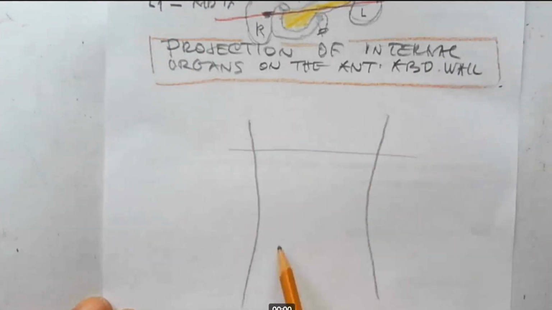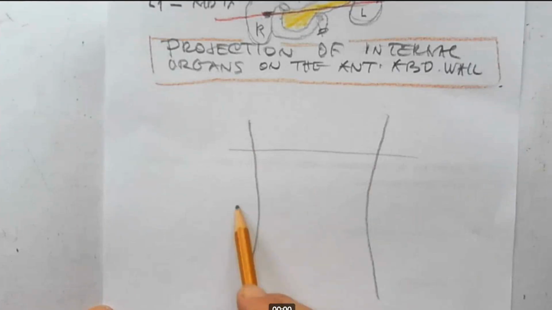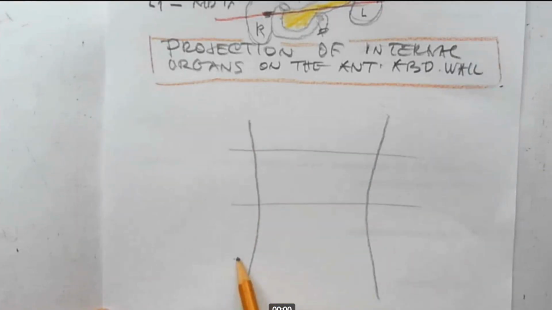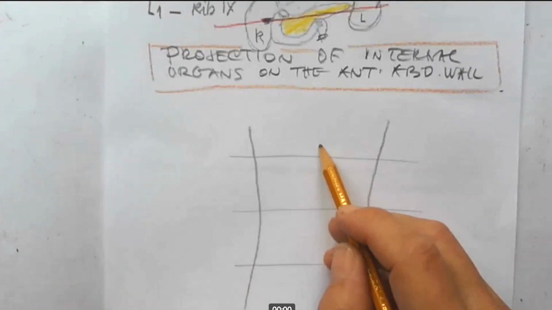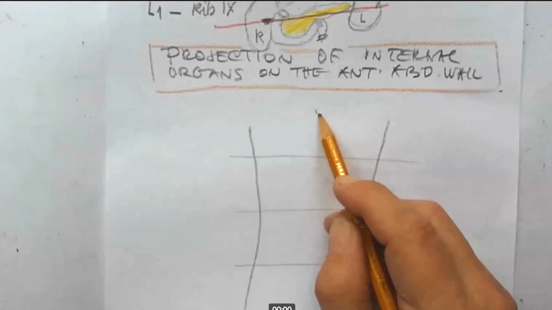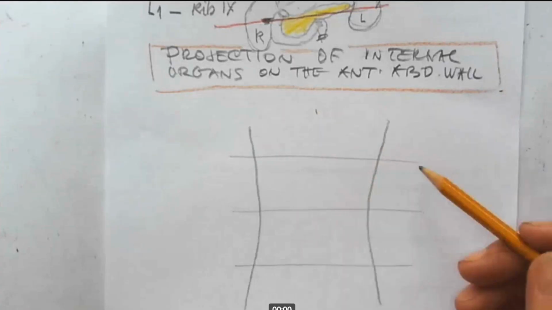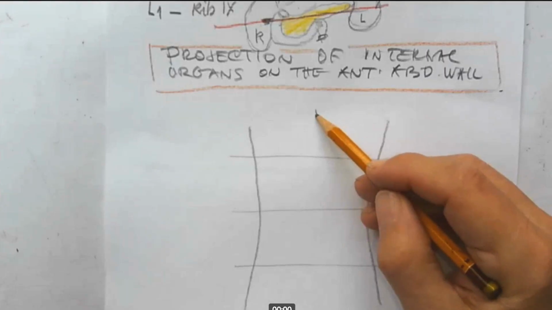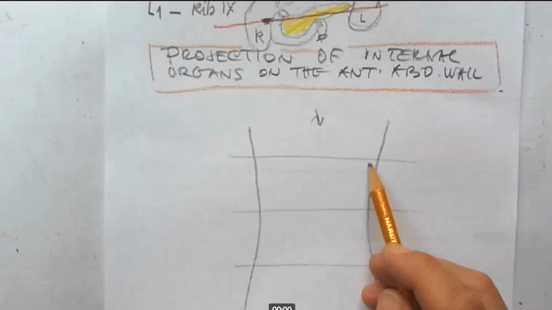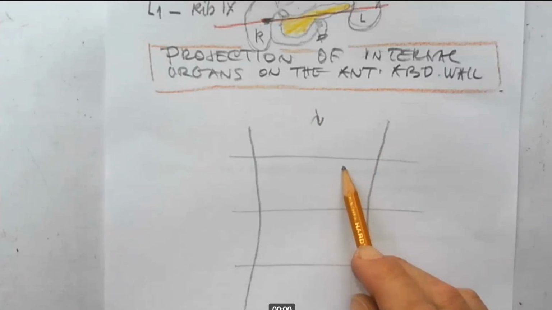So this is subcostal, umbilical, interspinous. Then we need the xiphoid process. Maybe it could be even a little bit lower.